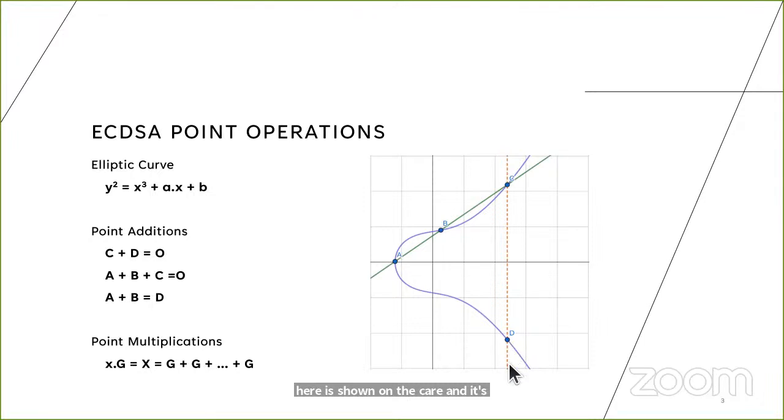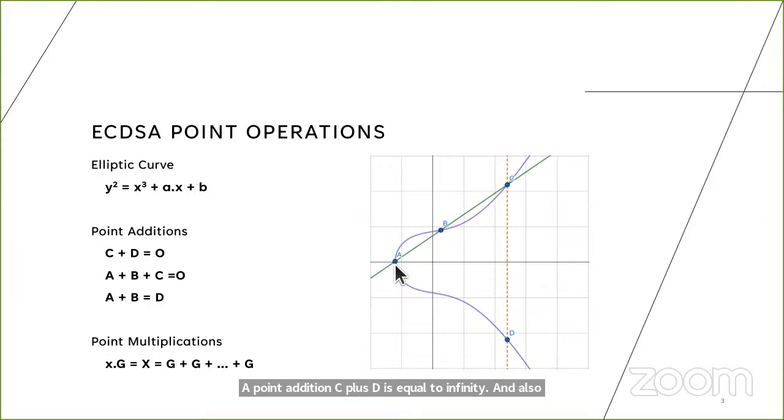Then you can see the red line passing through C and D, but it doesn't meet the curve at any other points. So we define C plus D, a point addition, as equal to infinity. And also we have A and B on the curve.